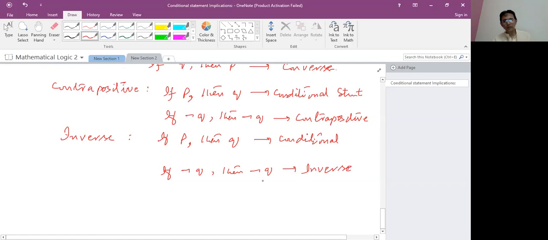So with the help of language, we will find what is converse, contrapositive, and inverse by converting the conditional statement. So now let's write an application.